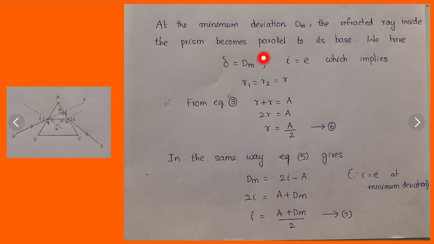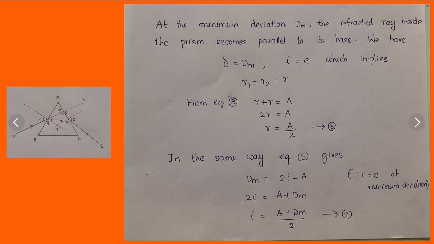At minimum deviation, we take delta equal to dm, and I is equal to E. At minimum deviation, angle I is equal to angle E. When I is equal to E, R1 is equal to R2.